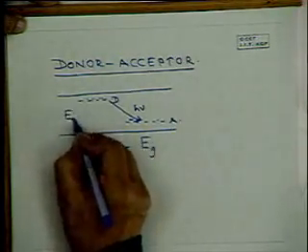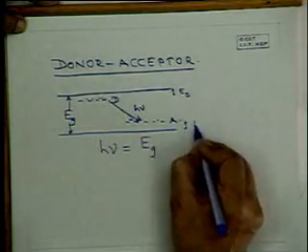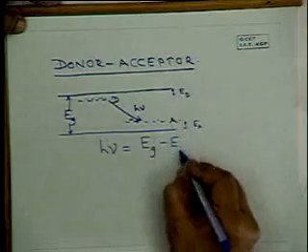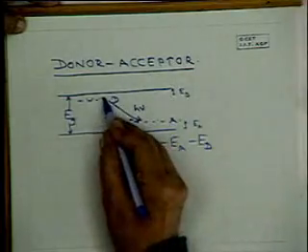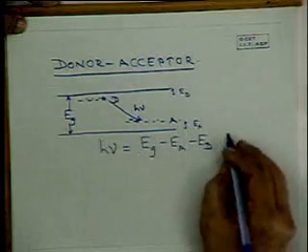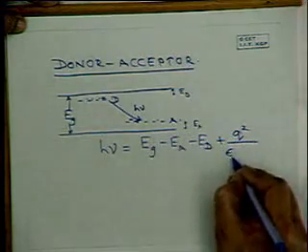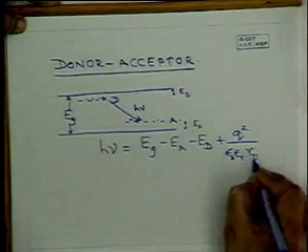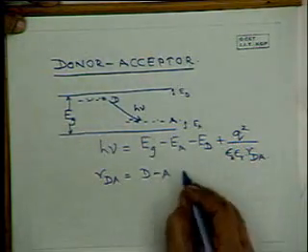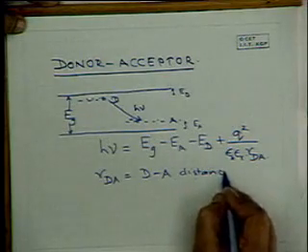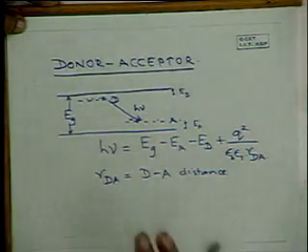Eg minus Ea minus Ed. But because the donor is positively charged and the acceptor is negatively charged, there is a binding energy plus Q squared over epsilon of the semiconductor, epsilon 0, epsilon r into R dA, where R dA is the donor-acceptor distance between discrete donors and acceptors in the semiconductor lattice.